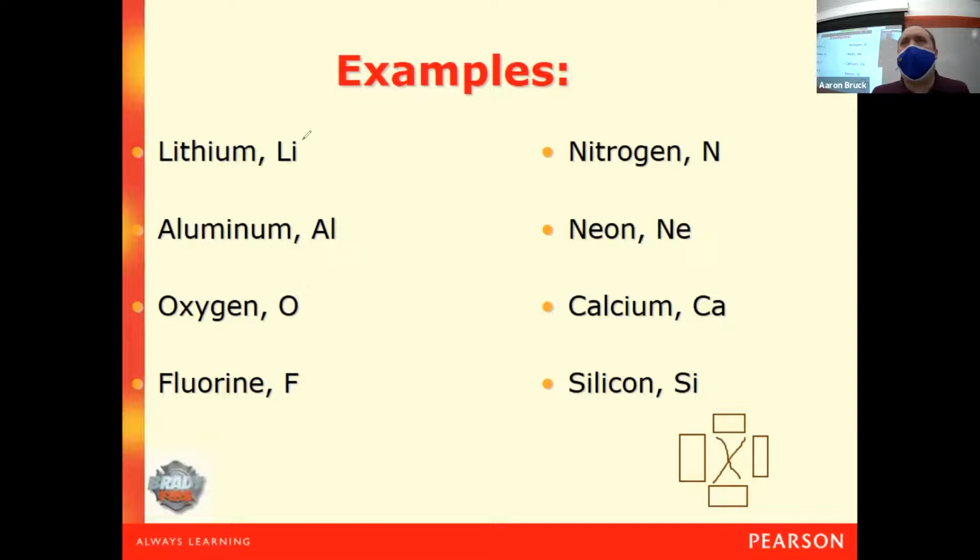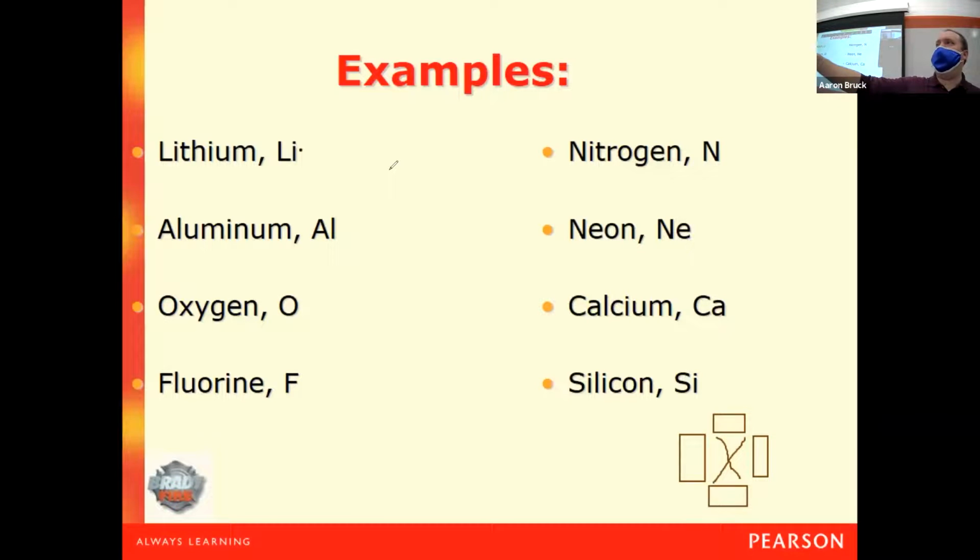Now, there is no hard and fast rule for which way we fill those spaces first. So we can put that dot literally anywhere. We can put it on the right side, we can put it on the left side, we can put it on the upper or on the lower. Really doesn't matter. All that we're showing is that lithium has 1 valence electron and therefore 1 dot.